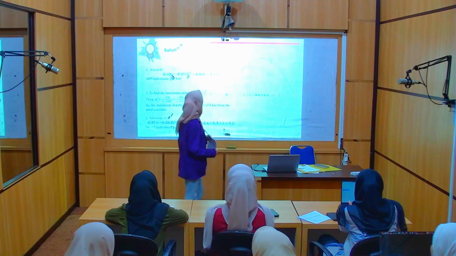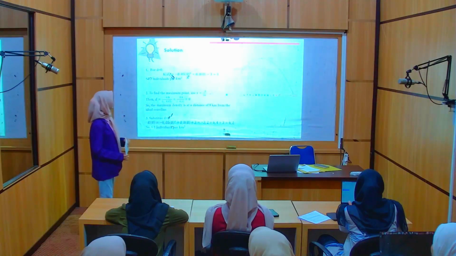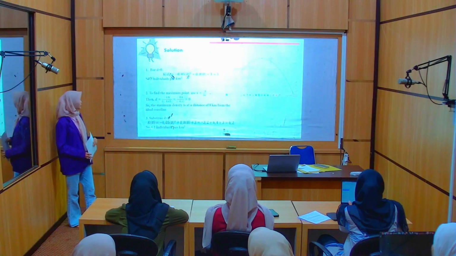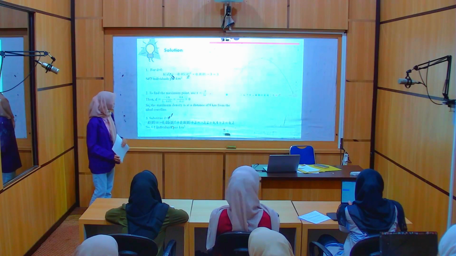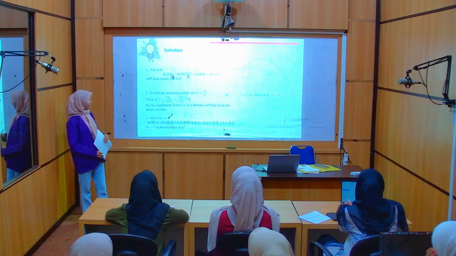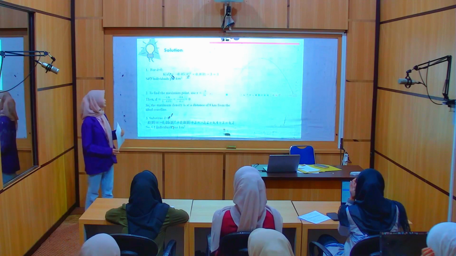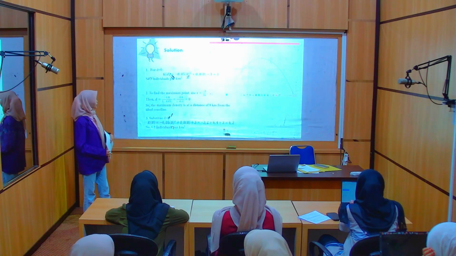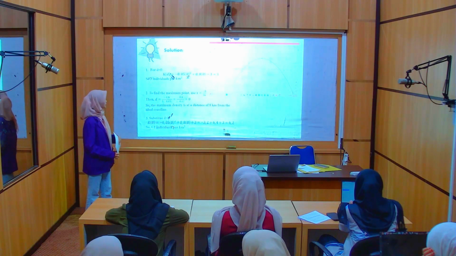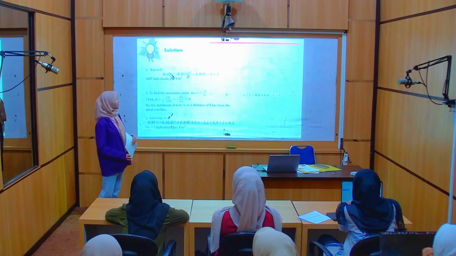Okay, the solutions are: first, for d equals 0, k of d equals minus 0.05 multiplied by 0 squared plus 0.8 multiplied by 0 plus 3, which is 3.